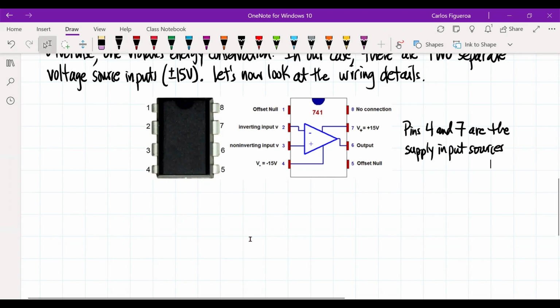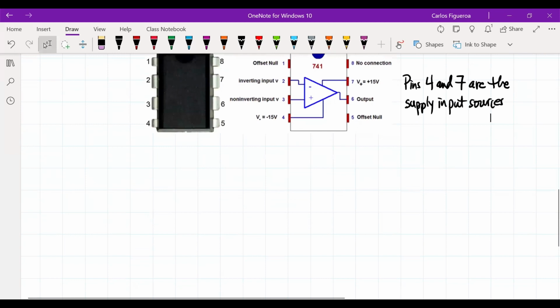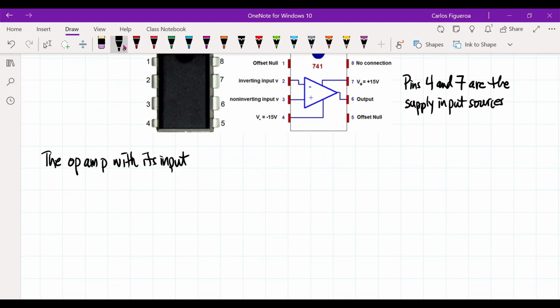So when we draw an op amp, you should always remember that the op amp with its input sources really looks like this.